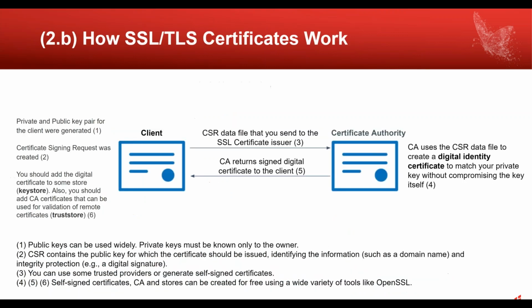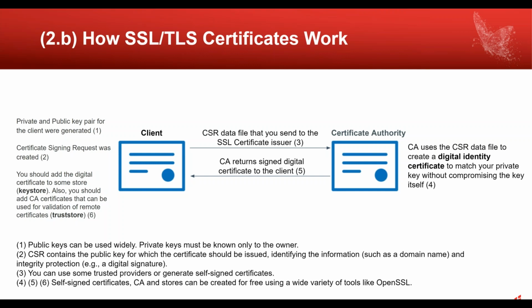The next slide contains common information about SSL certificates. In this case, the client tries to create its own certificate. It generates a key pair, which consists of a private and public key, and after that it will send a certificate sign request to the certificate authority.